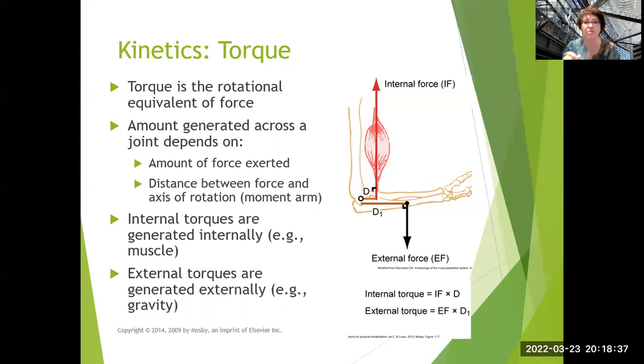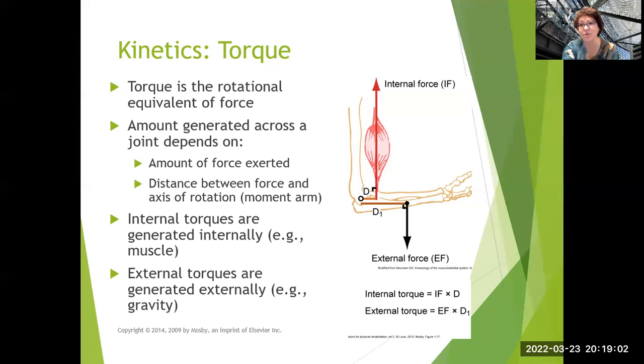Internal torques are generally muscle. They're internally generated. External torques are externally generated, and it's usually gravity that we're talking about. The little equation that's down there, you don't have to know that.